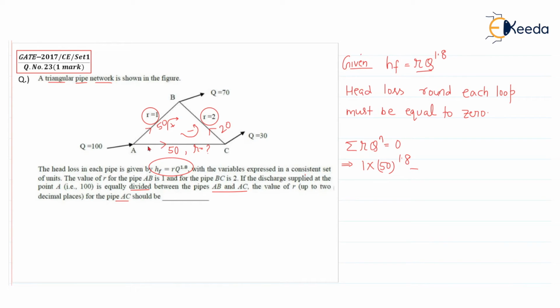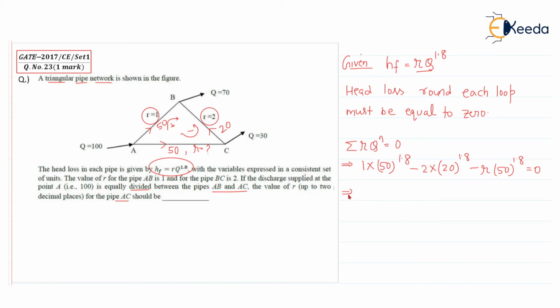You can see the direction of AC and CB, it is like this, these two arrow marks. Again minus for the pipe AC, where R value we have to find, R into 50 to the power of 1.8 equal to 0.